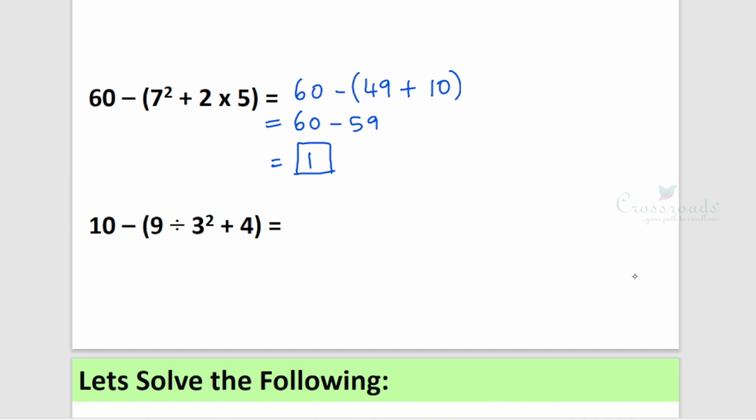The next sum, 10 minus, within the bracket, 9 divided by 3 square plus 4.